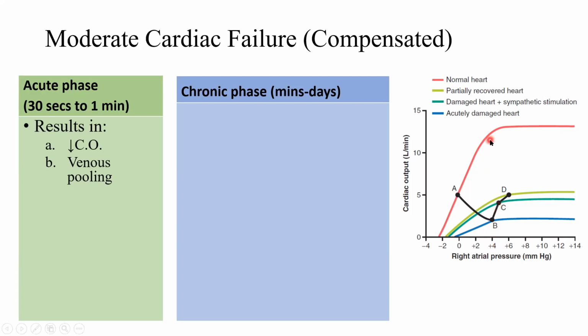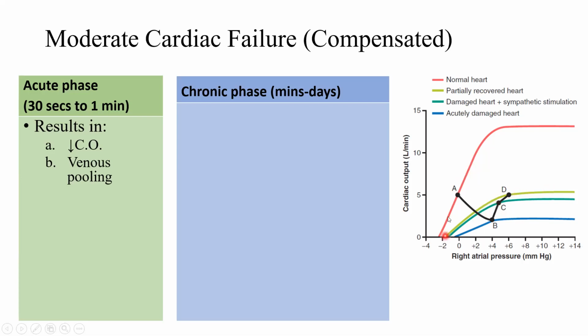Then later on, you do the chronic phase, and you do some more stuff which we'll discuss, and you have a partially recovered heart. Point D basically means that the heart is now recovered, compensated. Okay, it's the compensated heart, and this light green curve basically is of the compensated heart.